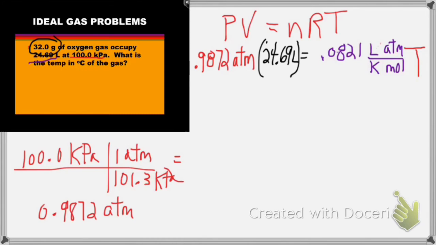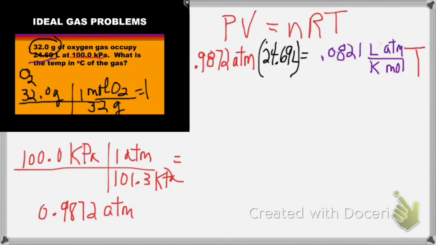A reminder, oxygen is diatomic, so that's O2, so 32 grams times 1 mole of O2. Looking at our periodic table, we see that that would be 32 grams, 2 times 16. So nice, easy math. We have 1 mole of oxygen gas present.